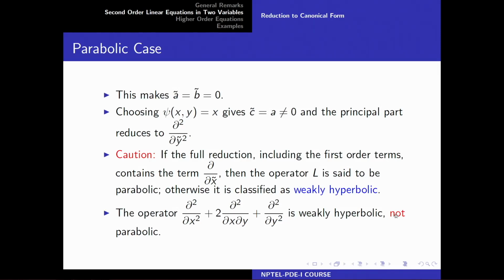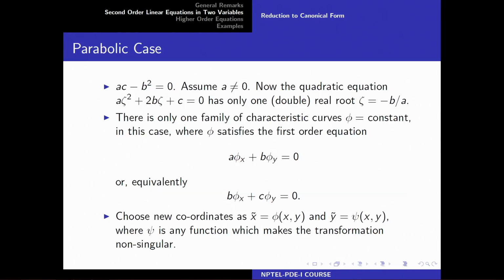But this is not parabolic because the full reduction does not produce a first order term in the other variable, that you can easily verify. Again, what we did in the case of the parabolic one, you just go back there, and it falls in that case.